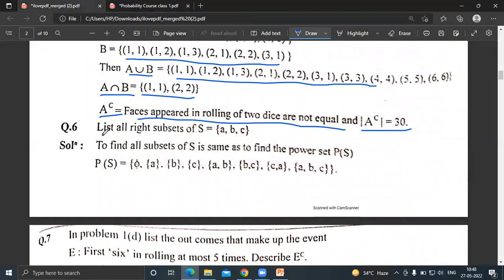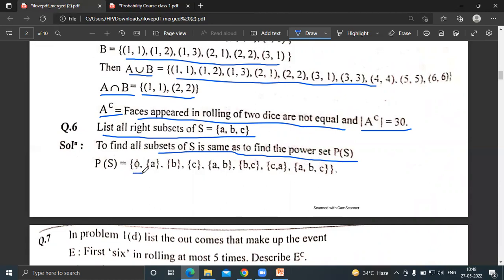Then check another question. List all the subsets of S, which is A, B, C. What is a subset? All subsets. Here it's written to find all subsets of S, that is to find the power set of S. As we know, the power set contains all subsets. How does it look?